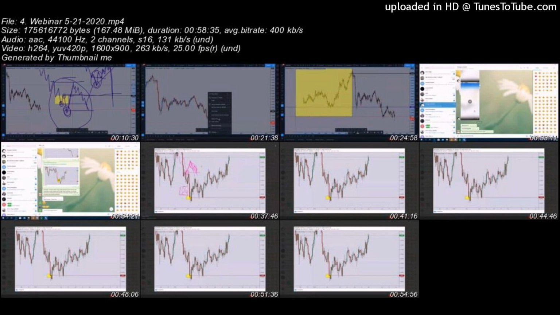So after breaking above, okay, all we have to do is wait for price to come back and test this lower high before eventually proceeding with its new bias or with its new direction, so to say.